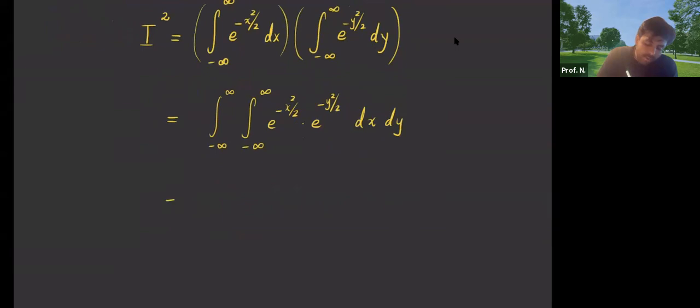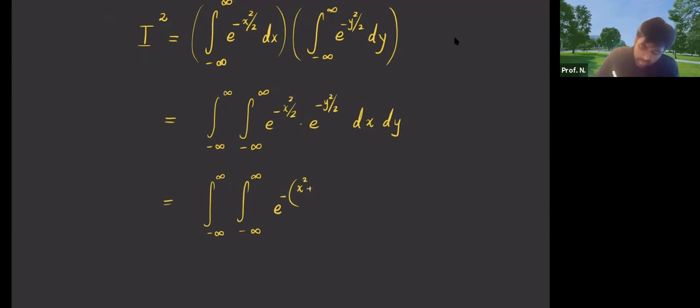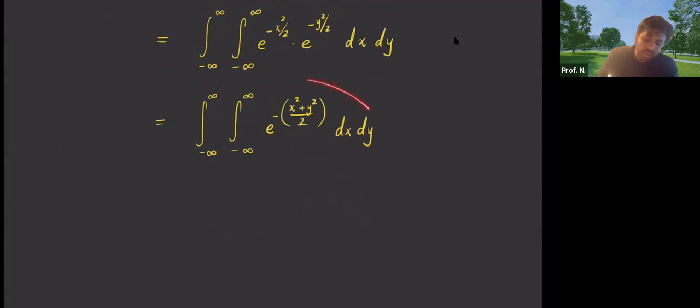But then why is this good? Well, by the laws of exponents, I can combine these two things and I get e to the negative x squared plus y squared, all over 2, dx dy. And this is when we use another change of variables.